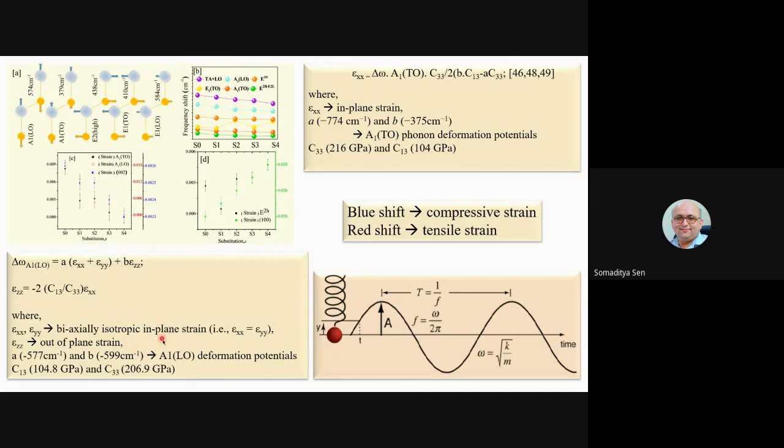So those strain components can be calculated, and in fact, this strain is also associated with the crystallographic strain that is available from our strain calculations from XRD. Maybe they are not exactly the same value, but they are more or less proportionate to each other.